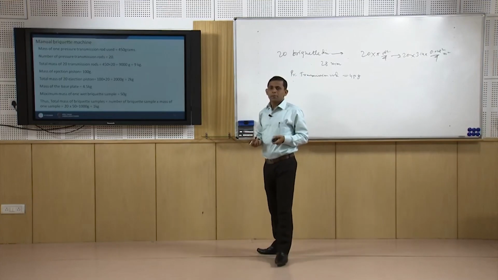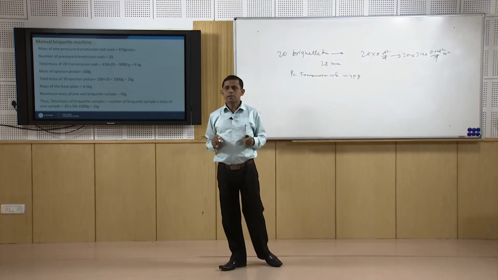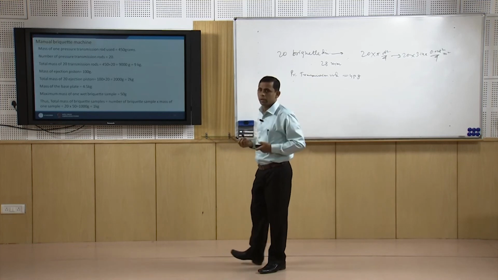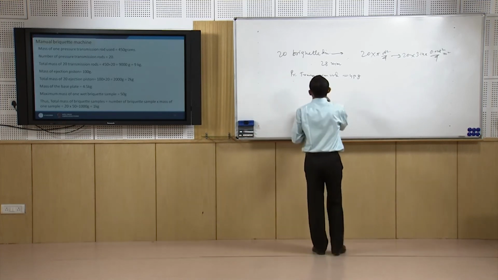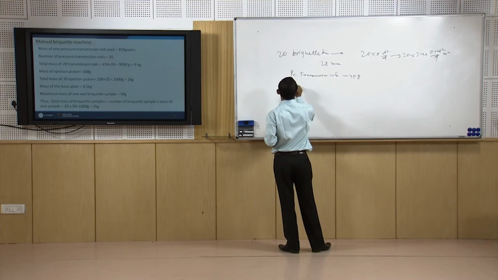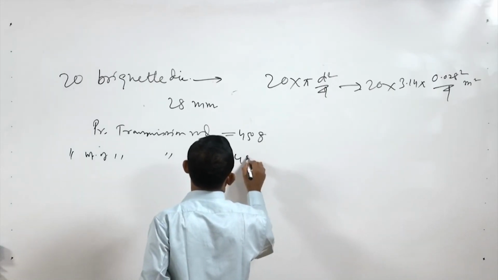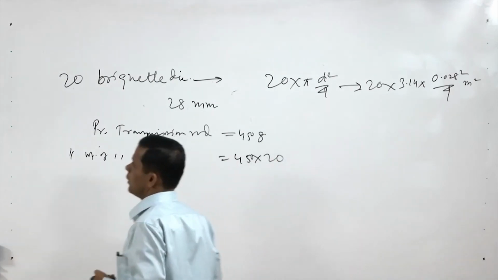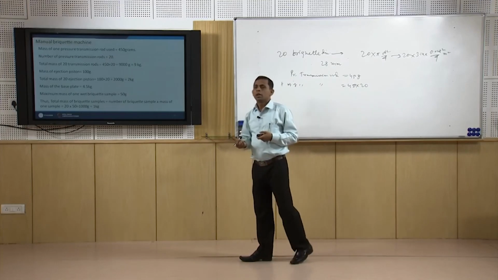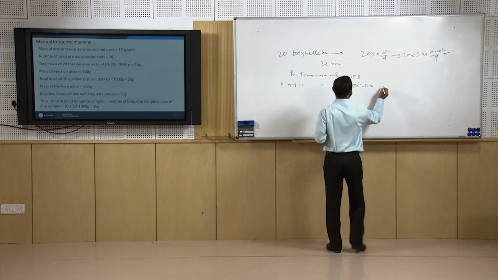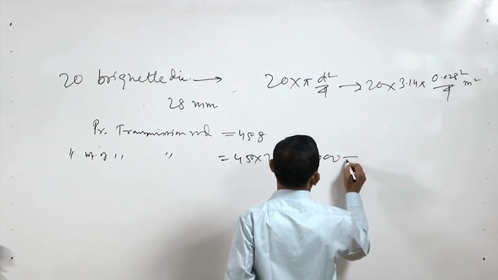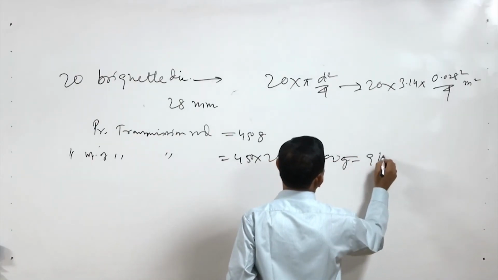Then how many numbers does it have? As 20 dies are present, 20 pressure transmission rods will be required. So, the total weight of pressure transmission rods is equal to 450 into 20, that is equal to 9000 gram, that is equal to 9 kg.